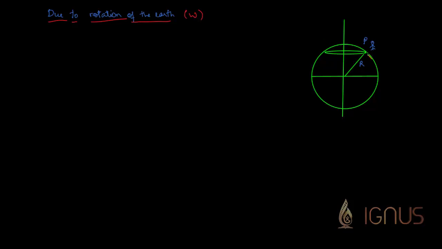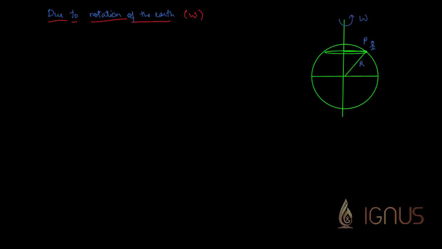So if I draw this circle, the person is rotating in this circle because the earth is moving about its own axis with an angular velocity omega. So if I draw the small radius and take it as, say, small r, it will be something like this. So this is nothing but small r.